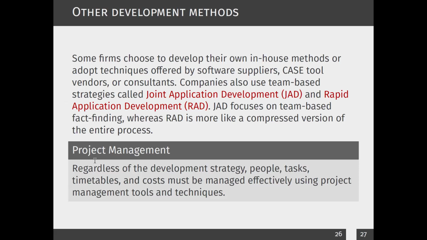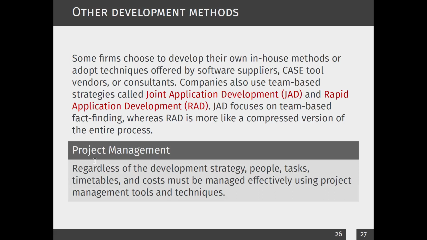Right. The next one is, sometimes people or organizations can decide whether they are going to design their own product or they are going to get something already available from other software suppliers. So this is again another technique that we can think of.